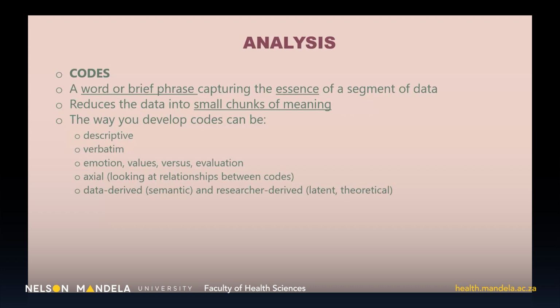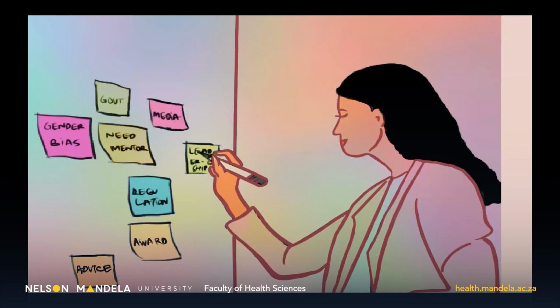You can use words that either come from the data or words that you have generated, meaning that you have made. So however you want to code, you develop a system for you that you use to code. And then I've seen people literally do this, where they have a wall of codes and they start moving codes together.